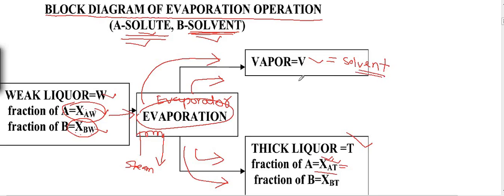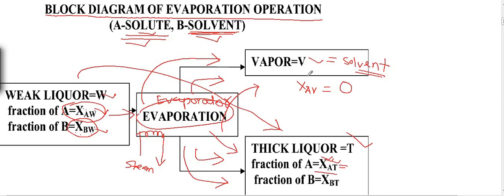So xAV, the fraction of solute in vapor, will be 0, because all the solute present in the weak liquor goes to the thick liquor, while a certain part of the solvent is vaporized, so you get solvent in vapor and also solvent in thick liquor.